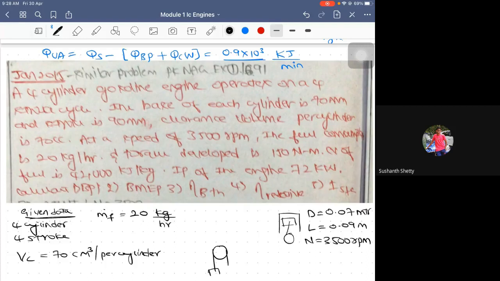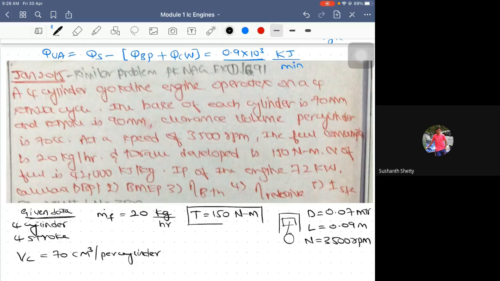So I would just draw a brake drum. So torque developed, cumulatively, directly he has given the torque itself. So no need of brake drum here. So directly he has given the torque for us. So torque is how much? 150 Newton meters.